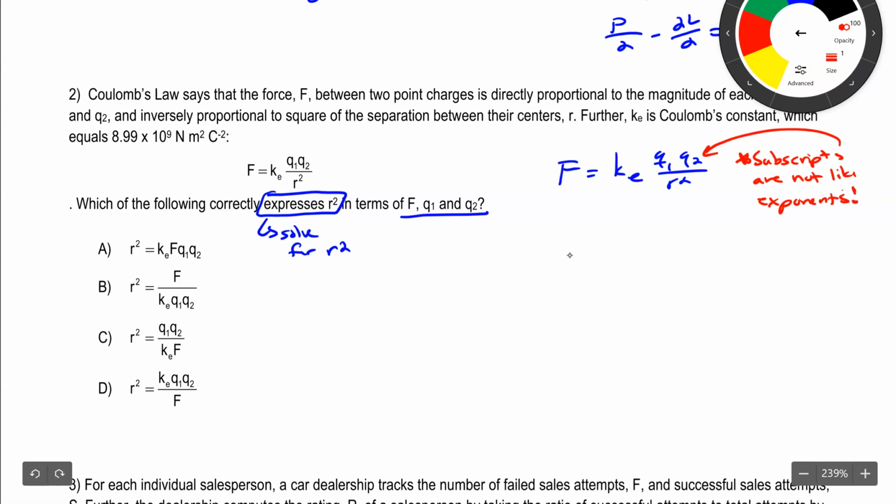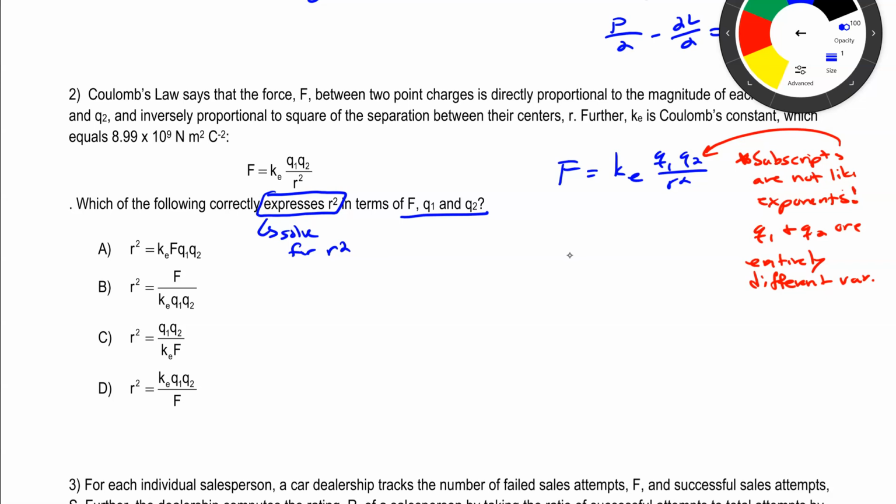In this case, q1 and q2 are entirely different variables. So I can't combine them, basically. I can't use properties of exponents to combine them, which is a common error. Those are called subscripts. You can't combine those things anyway.